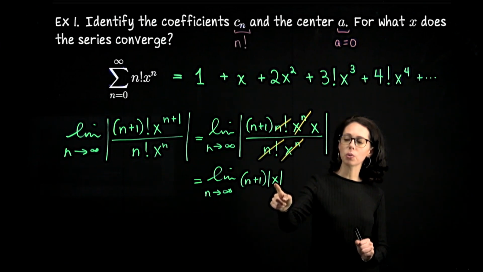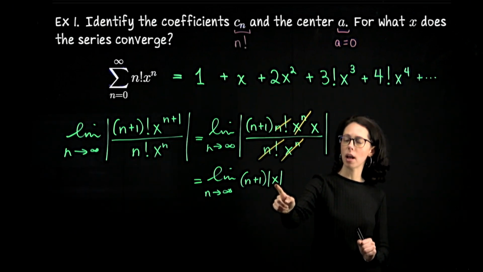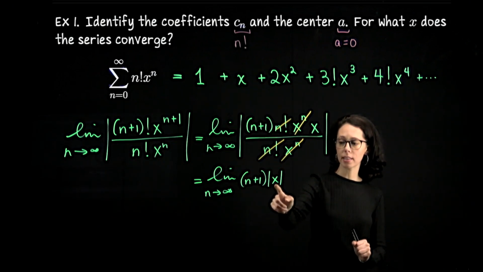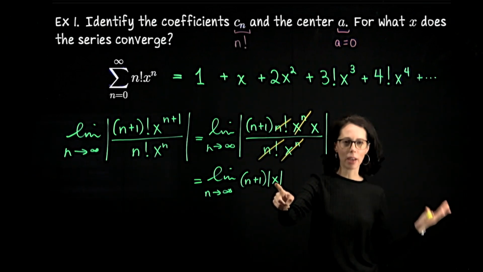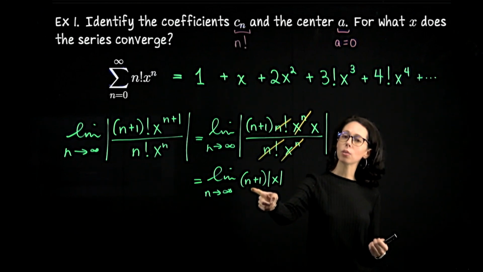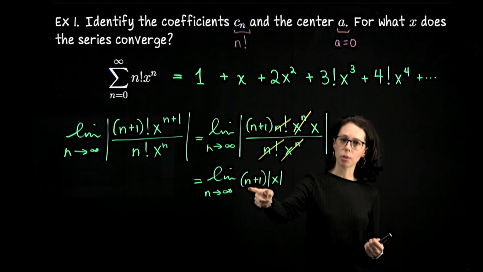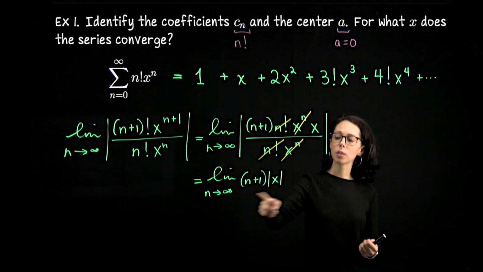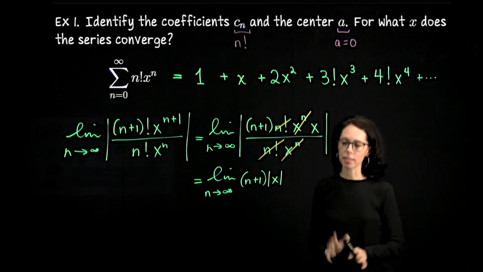If I choose any value of x which is not 0, we already know we converge when x equals 0. So imagine I pick any other possible number for x, plug it into this expression. x is now a fixed number. Plug in x, take its absolute value. This is just a fixed number. Let n go to infinity. This is a fixed number times something which is growing arbitrarily large. This is going to grow to infinity if x is anything other than 0.